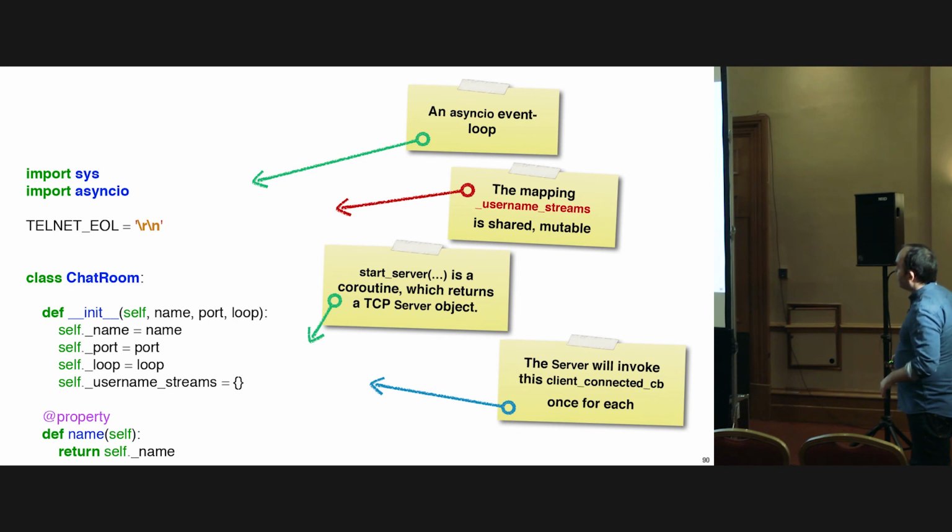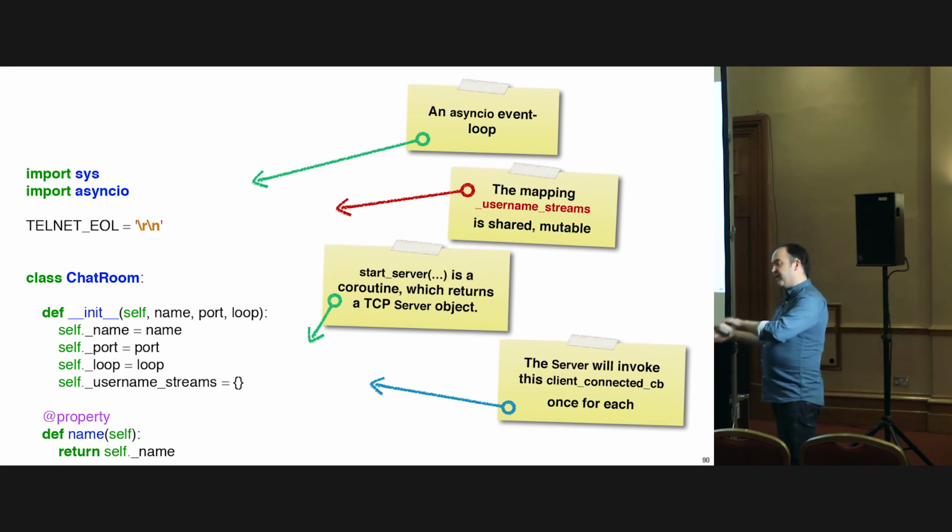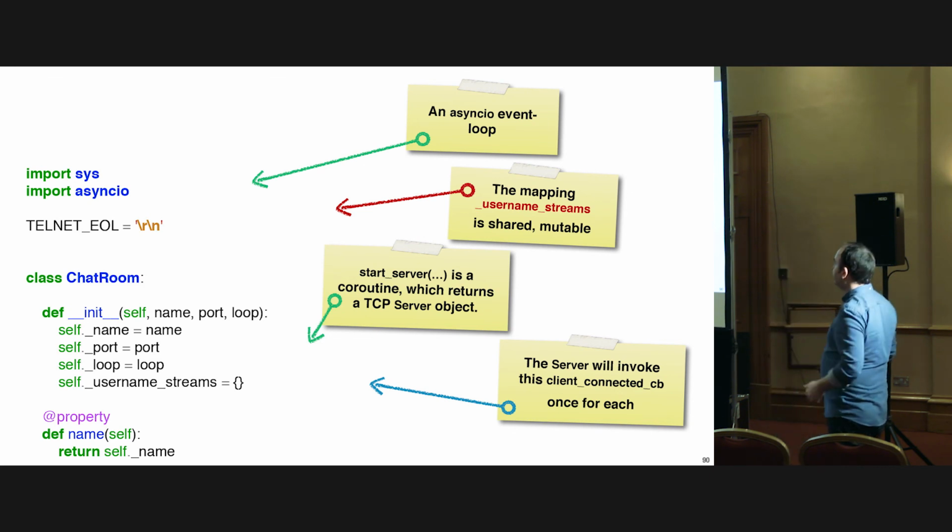It's very similar code at this level. The chat room has an event loop. Now, rather than mapping usernames to transports, we map usernames to streams. We have a write stream and a read stream corresponding to each user, which allows us to read and write from that user.